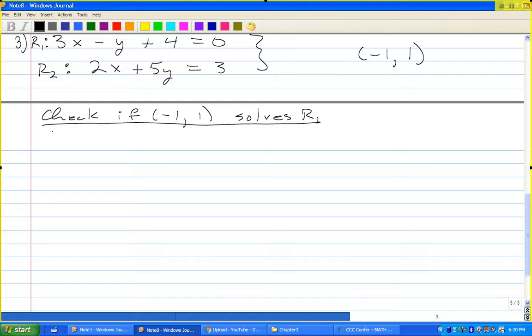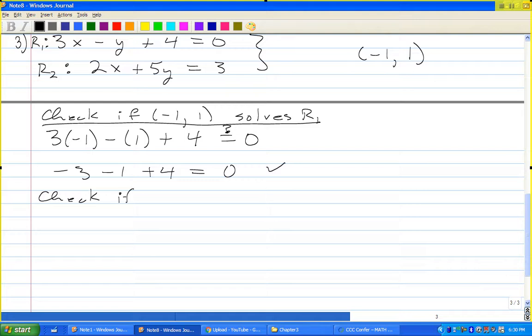Is 3 times negative 1 minus 1 plus 4 equal to 0? Now let's check. Is negative 3 minus 1 plus 4 zero? Yes. Next, let's check if (-1, 1) solves the second equation, R2.